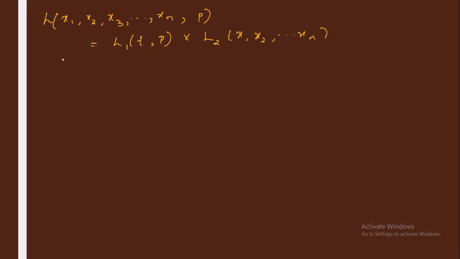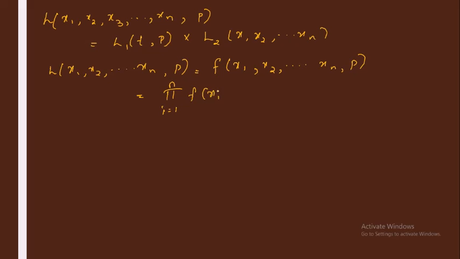Okay, so let's start the procedure. L of x1, x2, etc., xn, comma p is equal to the likelihood function f of x1, x2, etc., xn, p, which is nothing but the product over i equal to 1 to n of f of xi, p.